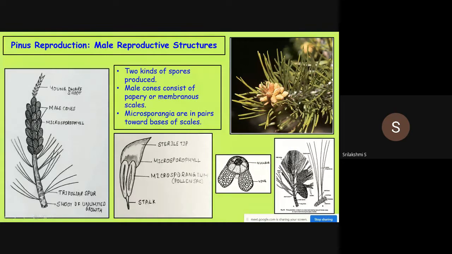What are the wall layers of the pollen grains called? It can be differentiated into exine and intine. Exactly, outer exine and inner intine. Now here, in between the two there is one more layer. In case of Pinus pollen grain, there is another layer called exointine, which is the middle layer. Exointine usually extends on either side in the form of wings, which helps in dispersal of the spores.